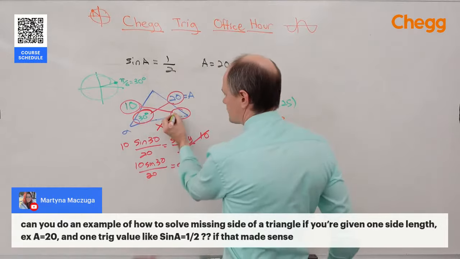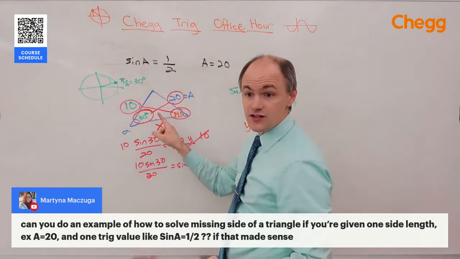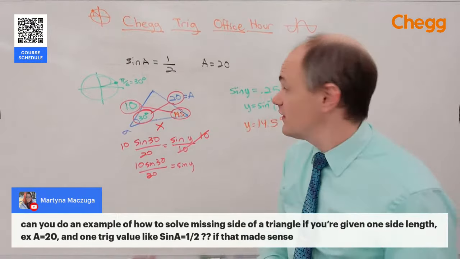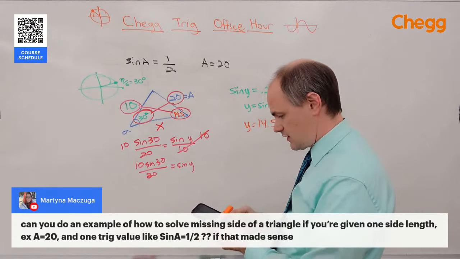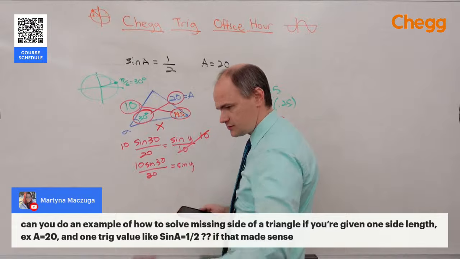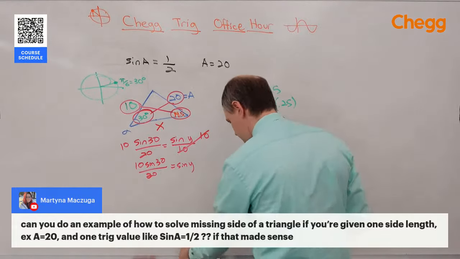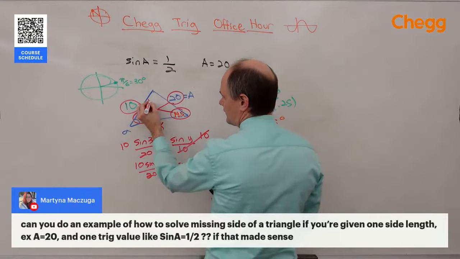So this angle is 14.5 degrees. And I know there's 180 degrees in a triangle. So we can take the 30 degrees and the 14.5 degrees, subtract it from 180. And this last angle then is going to be 135.5 degrees.